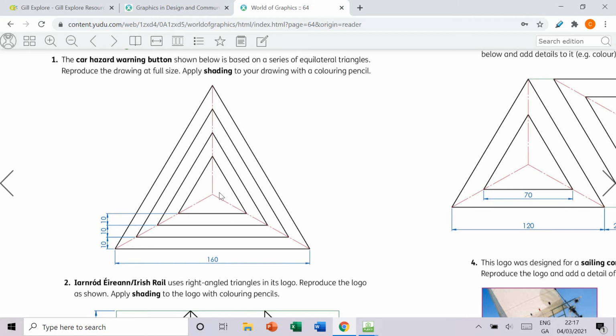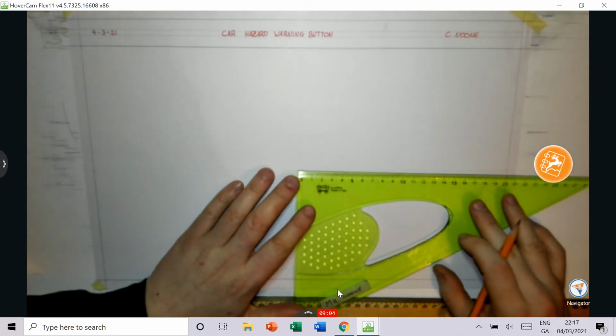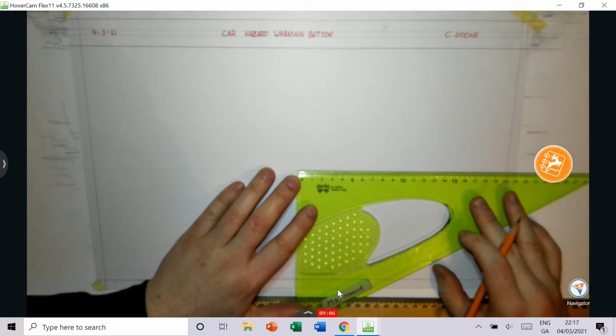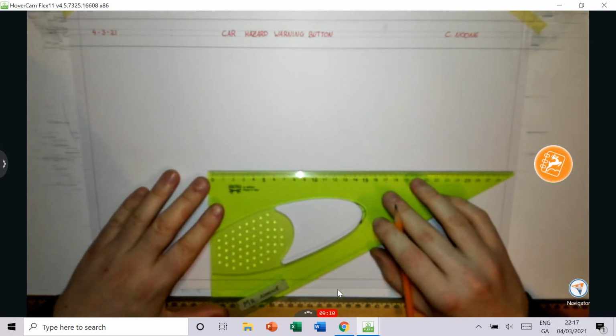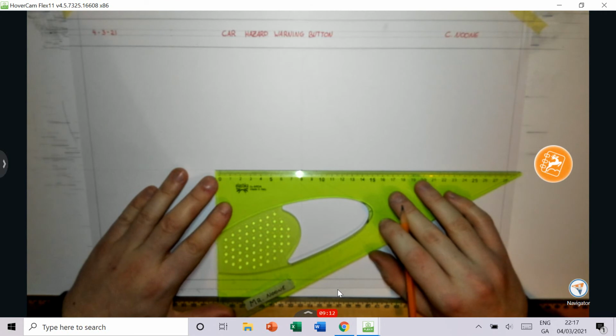So we know that that's centered. Let's have a go at drawing that. From the center point, I'm going to measure out 80 mil here, and I'm going to measure out 80 mil to the left.